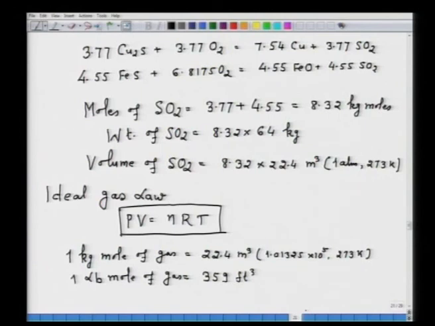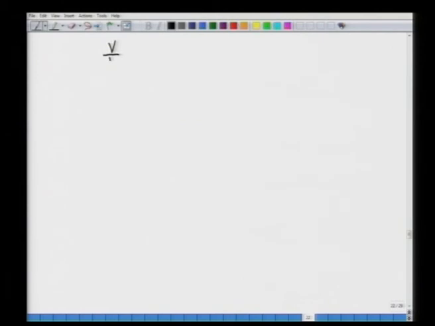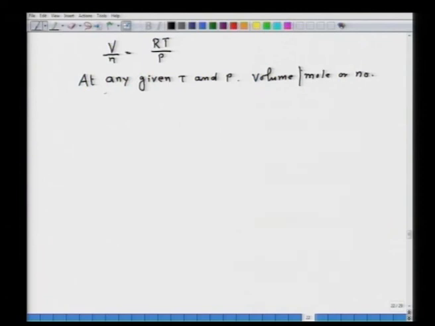Now, from here we can also write down V upon n, that is equal to RT upon P, and this means that at any given temperature and pressure, volume per mole, or number of moles in a given volume, is the same.